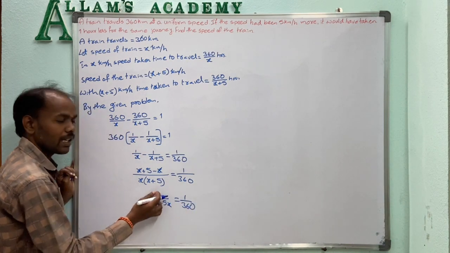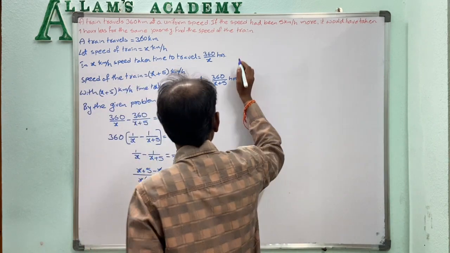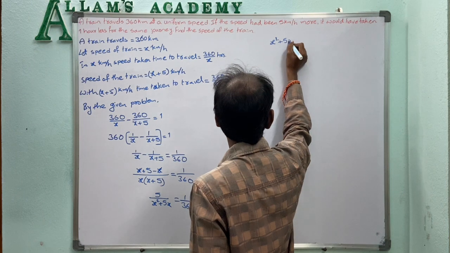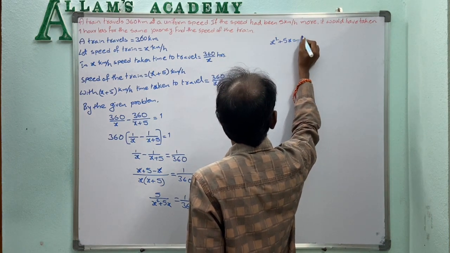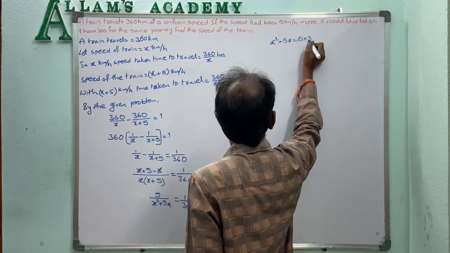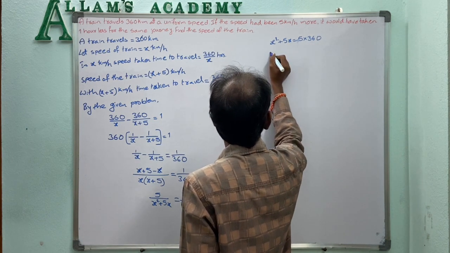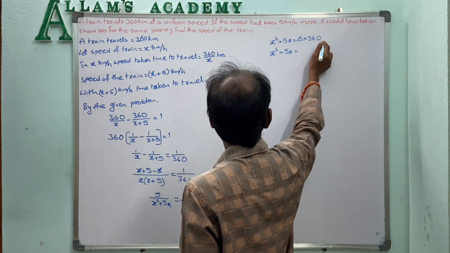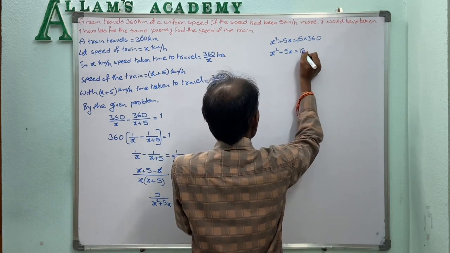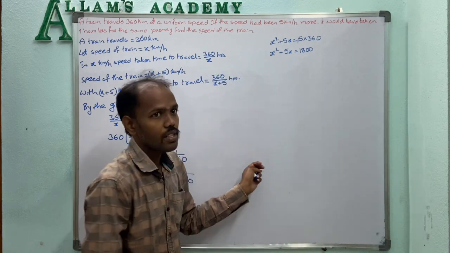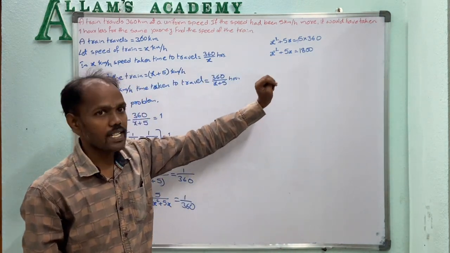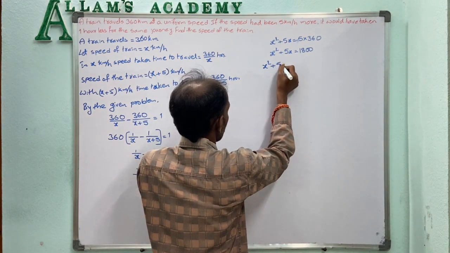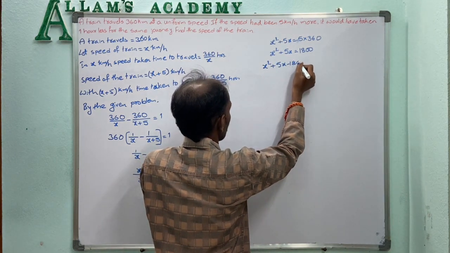Now by cross multiplication, we can write x square plus 5x equal to 5 into 360, so x square plus 5x equal to 1800. Now plus 1800 is transferred to this side, that is minus 1800. So x square plus 5x minus 1800 equal to 0.